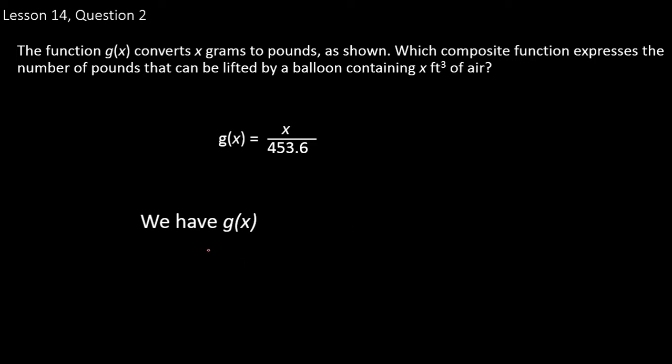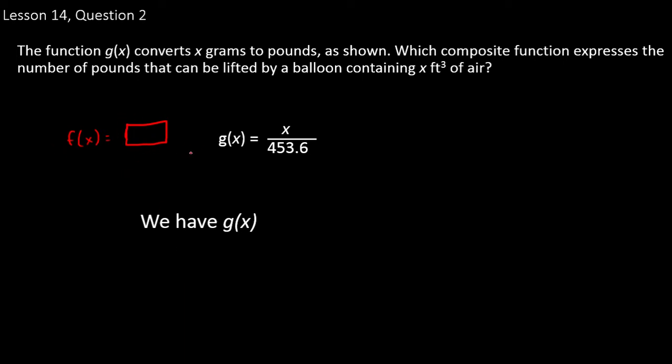So we have g of x, and we need to make a composite function. So our last function described, given a certain amount of air, how many grams we could lift, right? This is just taking grams and converting it to pounds. So we have f of x equals something, and I won't give it away. But you figured this out in the last question.